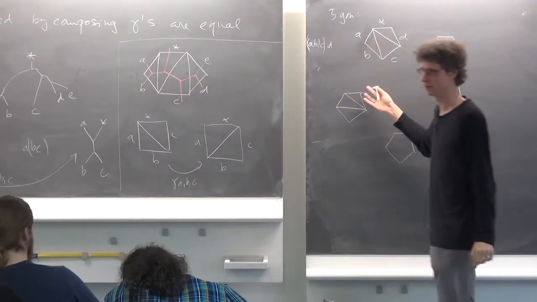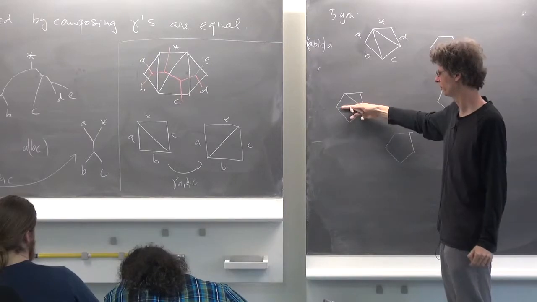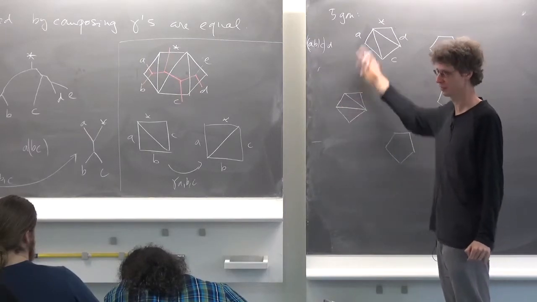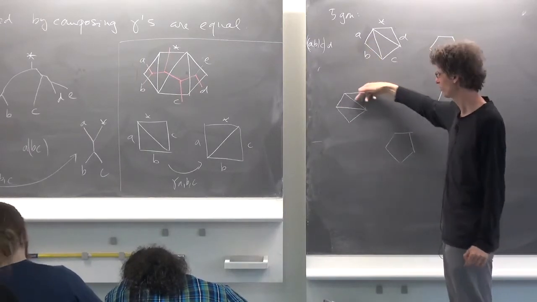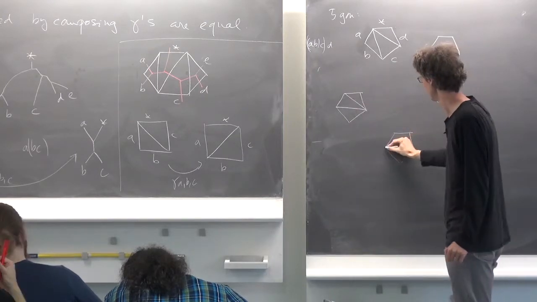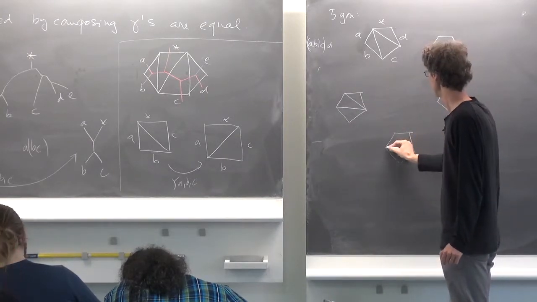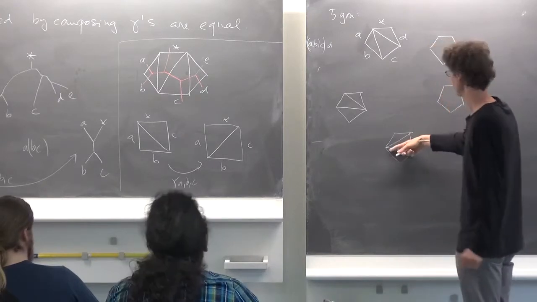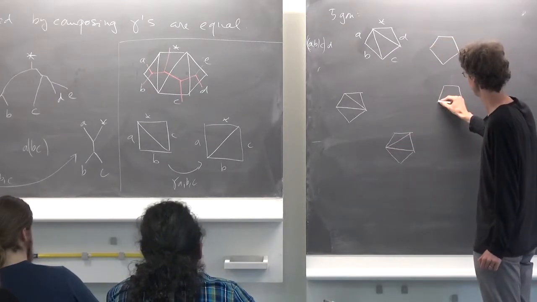And now the fate of the thing is decided, right? If I did the flip here, I shouldn't do it again, because otherwise I go back home. So I have to do the flip here. Now here I should do the flip with the opposite side.